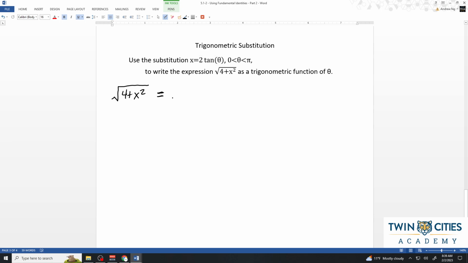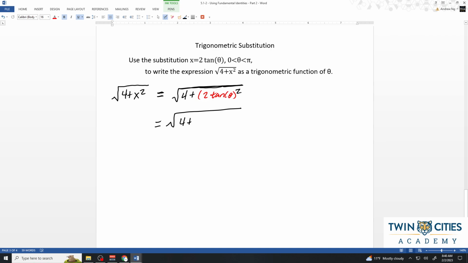So this is now going to be the square root of 4 plus, instead of x, we've got 2 times the tangent of theta, that whole thing squared.